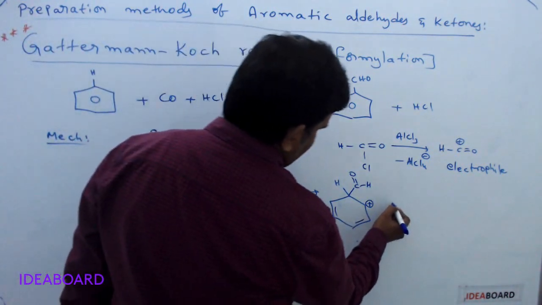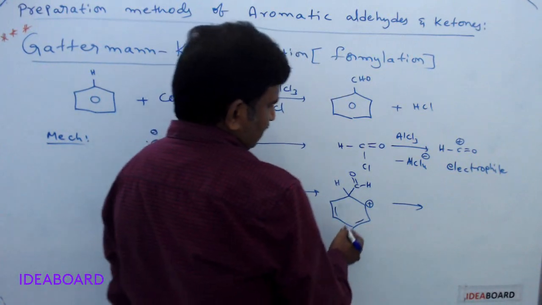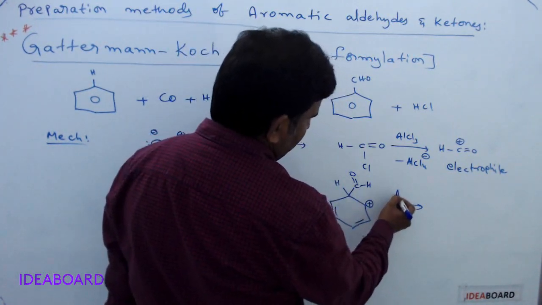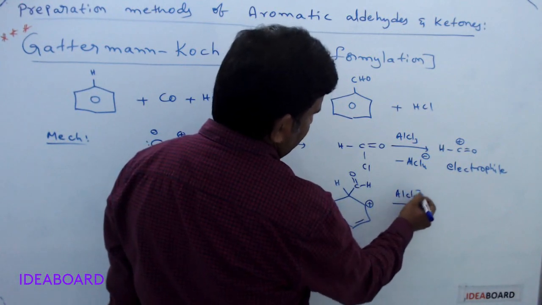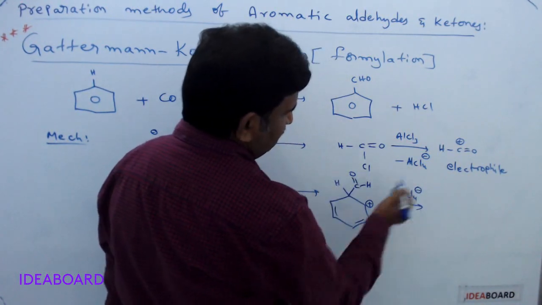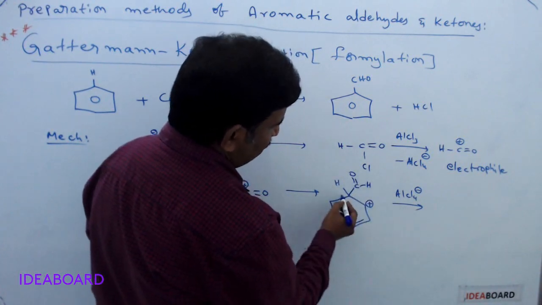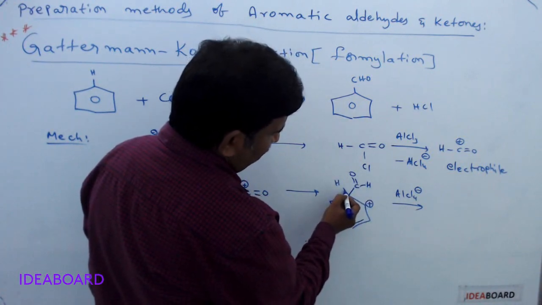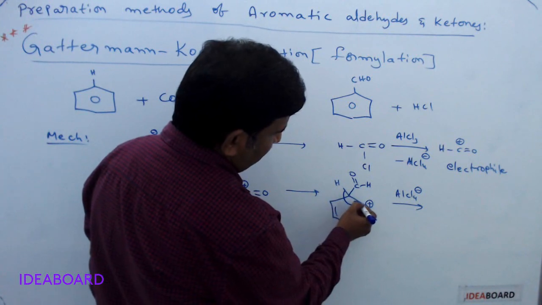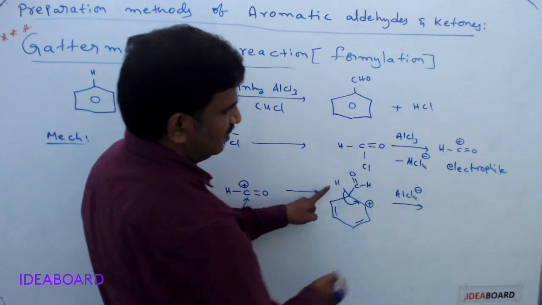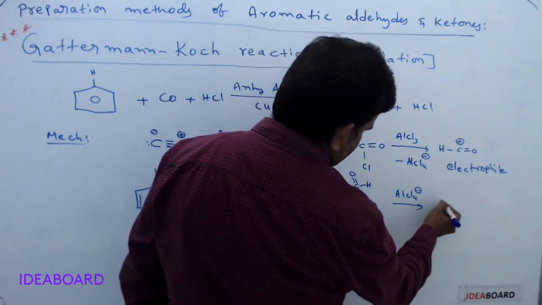In the next step, this hydrogen is removed by AlCl4 minus. Further, the pi bond electrons shift onto this carbon atom, and AlCl4 minus gives one Cl and H, so I wrote the products.